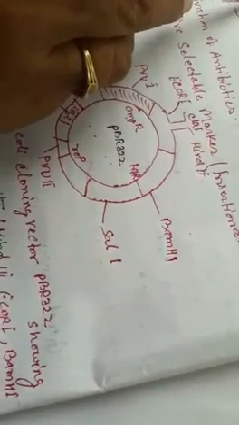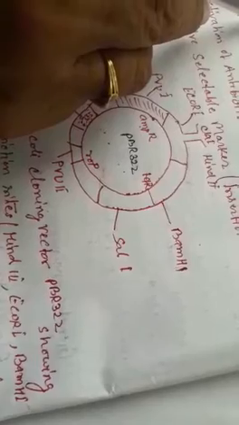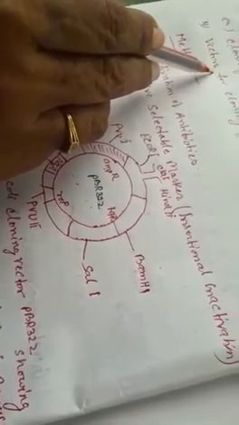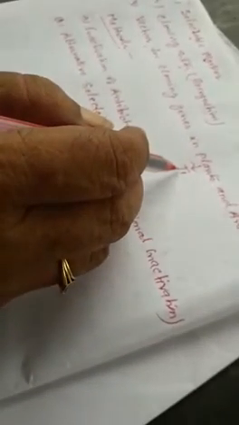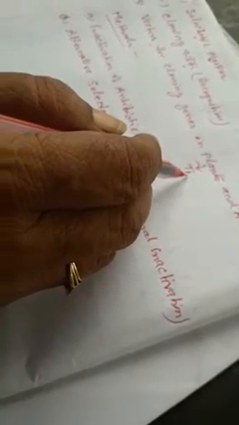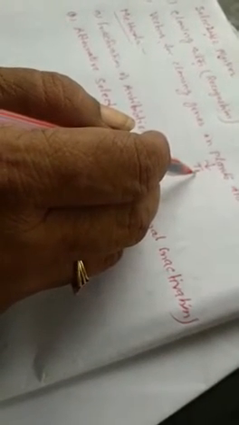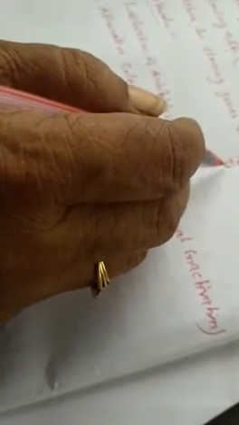In plants, the tumor-inducing, Ti plasmid of Agrobacterium tumefaciens is used as a cloning vector.